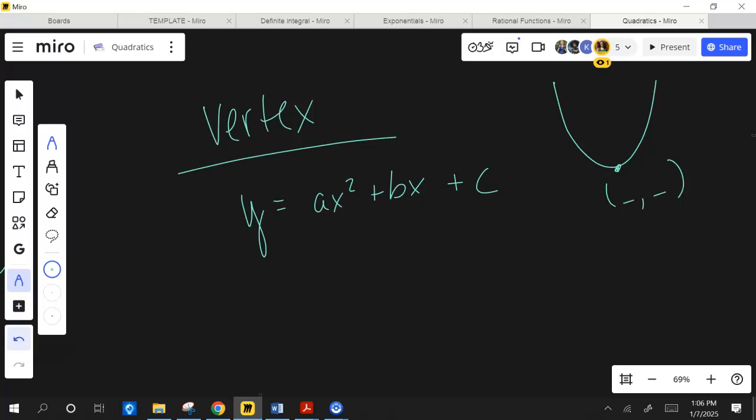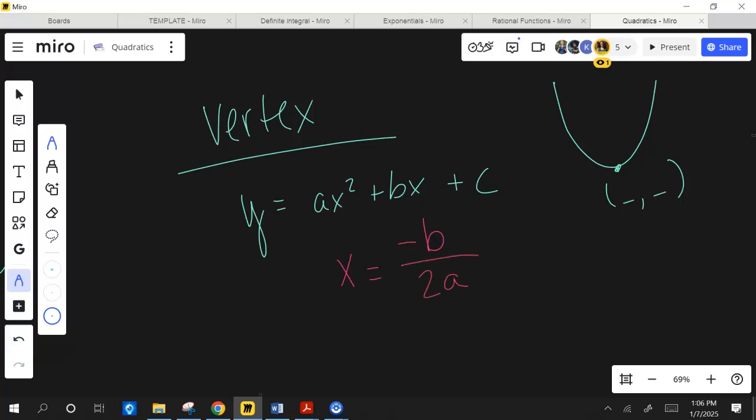So to find the x, I'm going to give you a little formula, and you just have to commit this to memory. Opposite b, not negative b, even though that's what I wrote. Because if I say negative b, you think it's always negative. Opposite b over 2a.